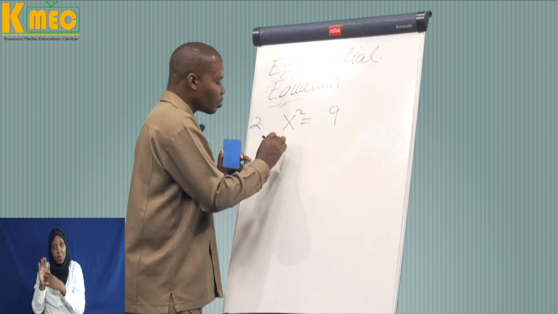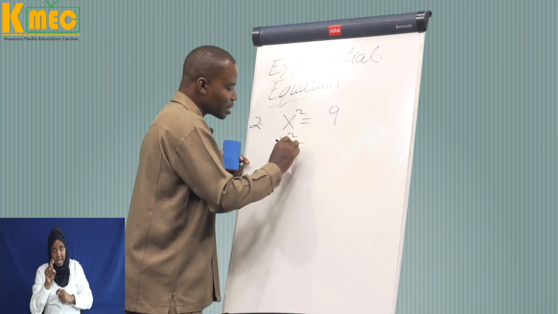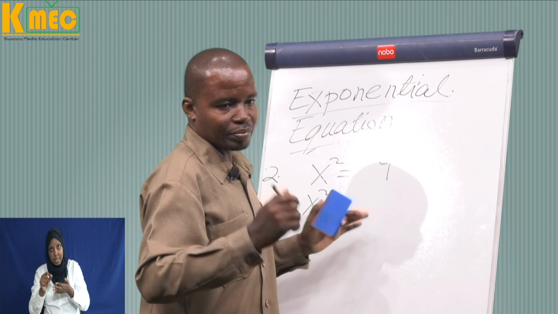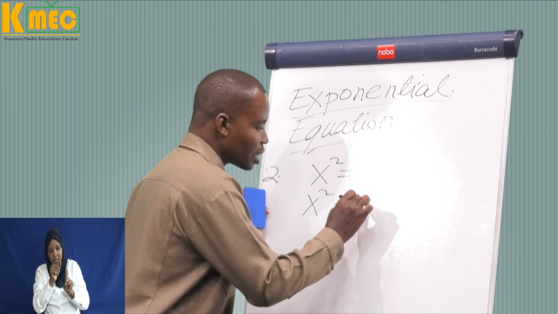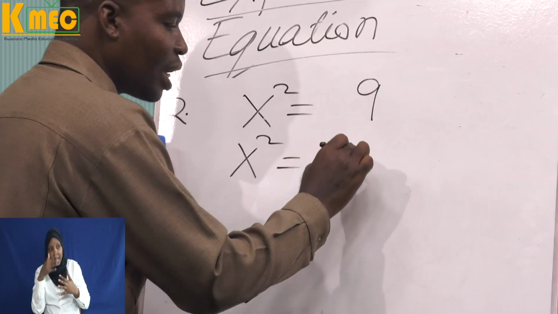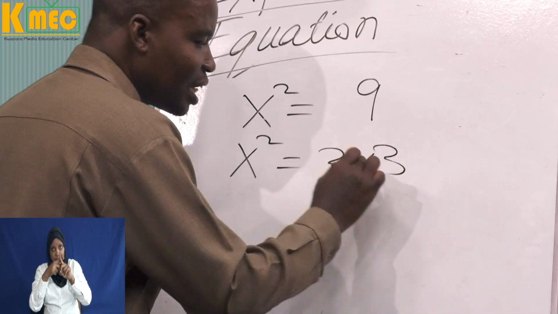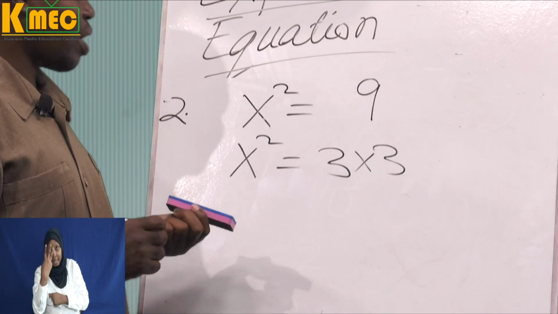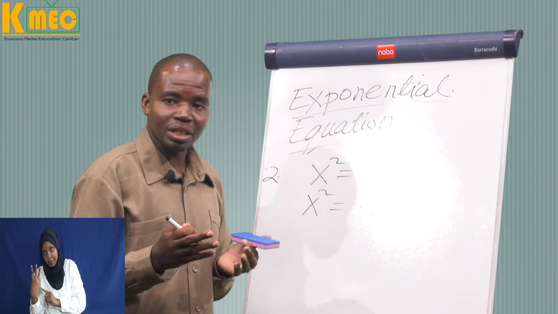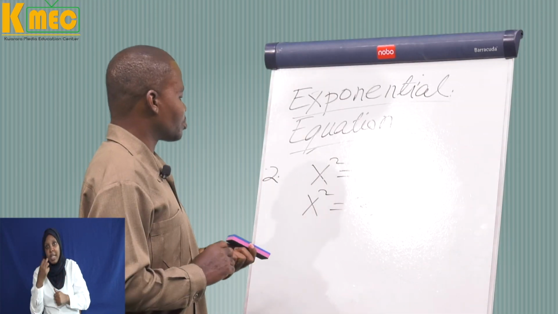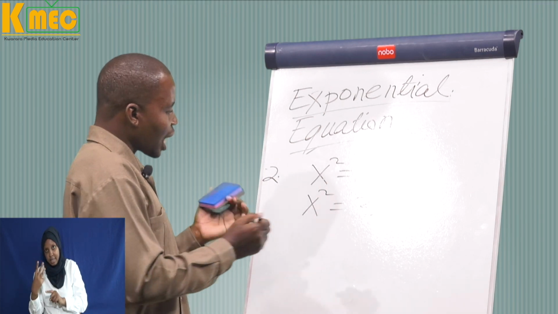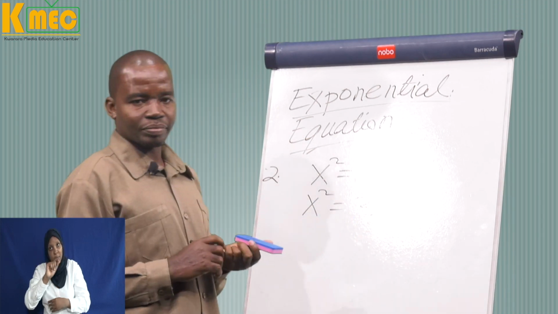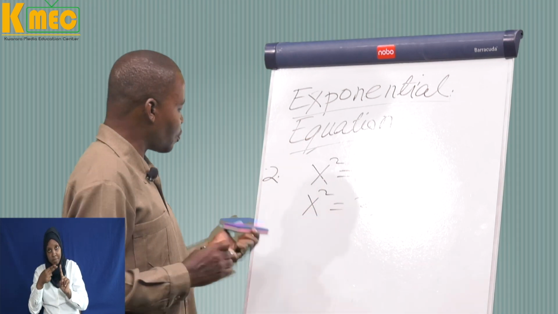So x squared is equal to, we want to write 9 in exponential form, 3 times 3. Very good. So 3 times 3 is what? It is 9. Good. Then our target is to write 9 into exponential form. This is our target. Don't forget.